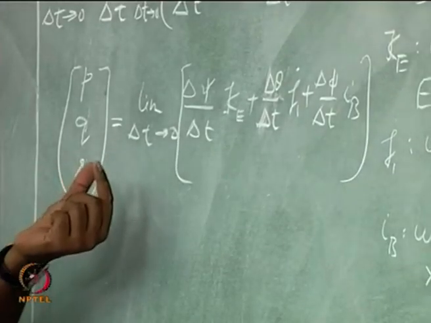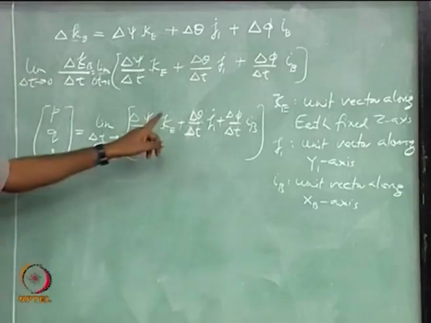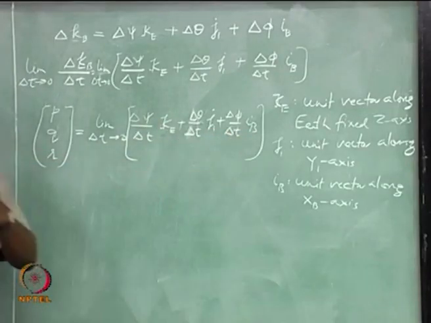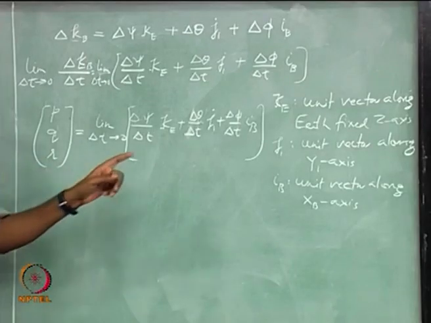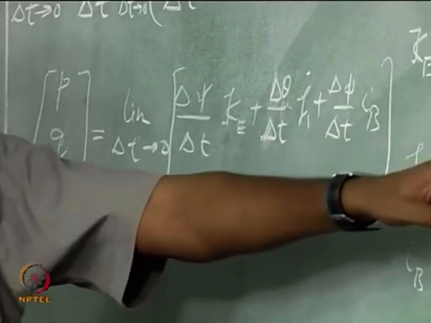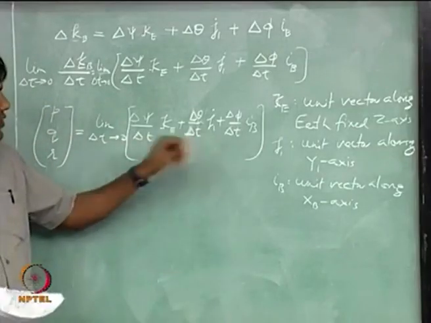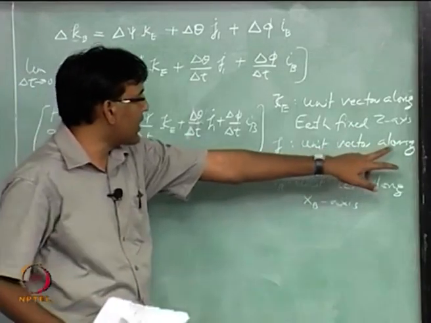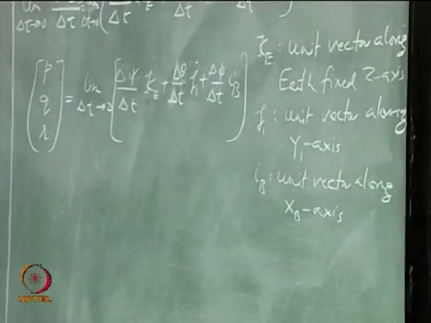One thing you have to remember is that these unit vectors are not along any one fixed axis system. There are three different axis systems. This k is the unit vector along the earth fixed z axis. j1 is the unit vector along the y1 axis which you obtain after the first rotation.